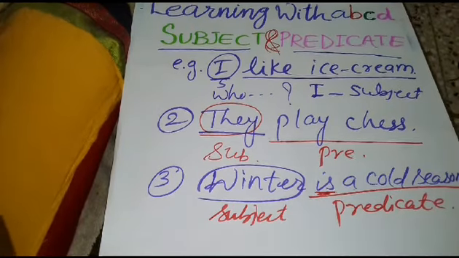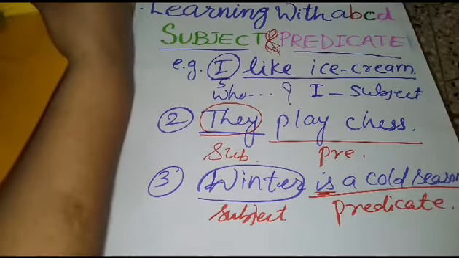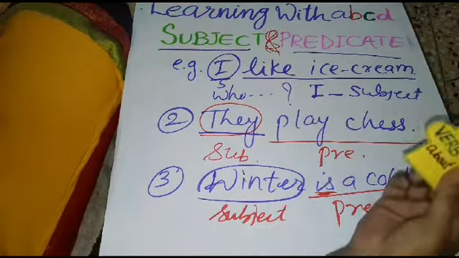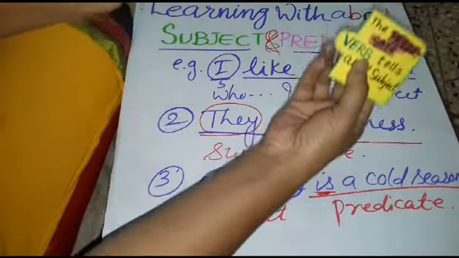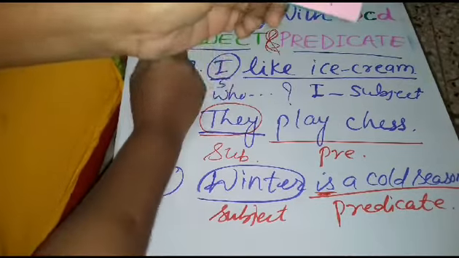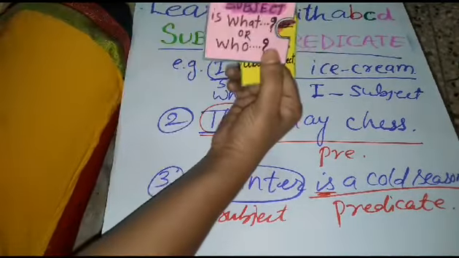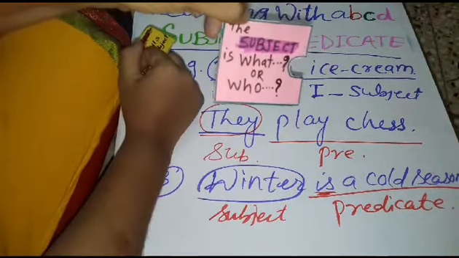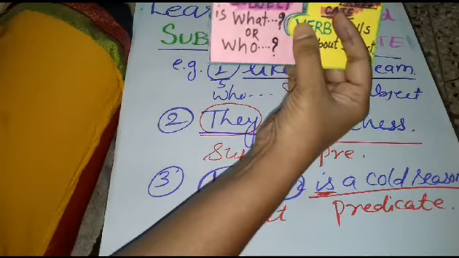To understand it properly, I will show you something how to see. Now there are two parts of any sentence. The first part is subject. If we ask the question, the subject is what or who, and this can be added, this portion.